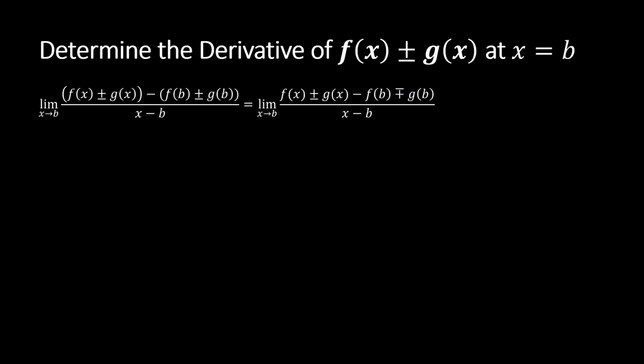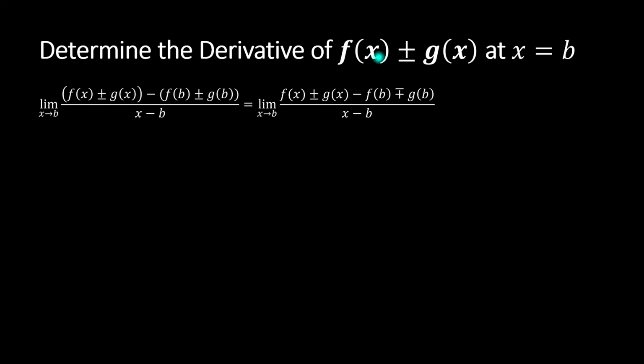It's not both of them, it's one or the other, but it doesn't matter which one, which is why we use that symbol. So I'm taking the derivative of f of x plus g of x, or f of x minus g of x, at some specific x value, which we're calling b.